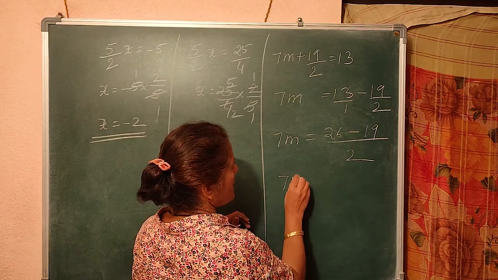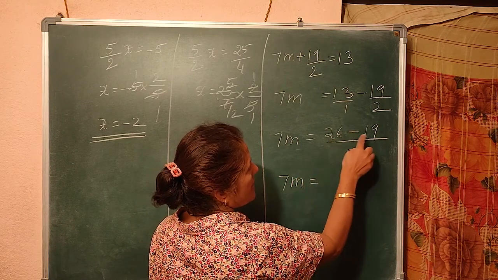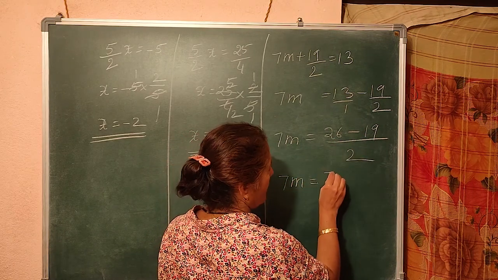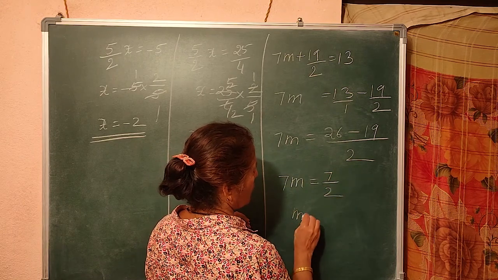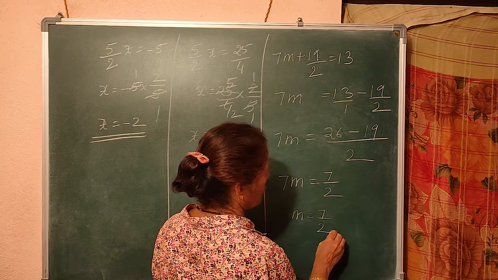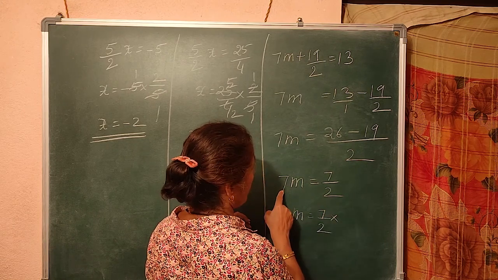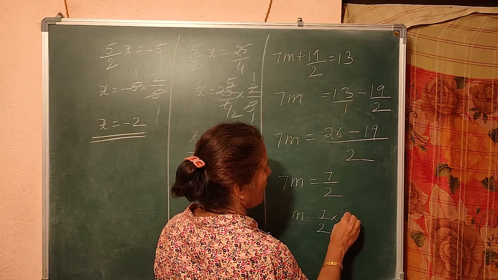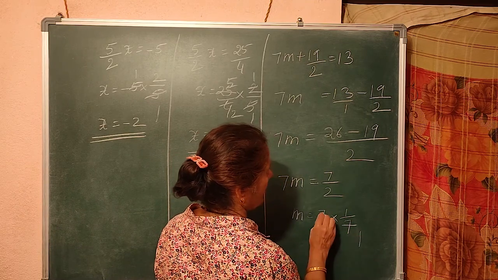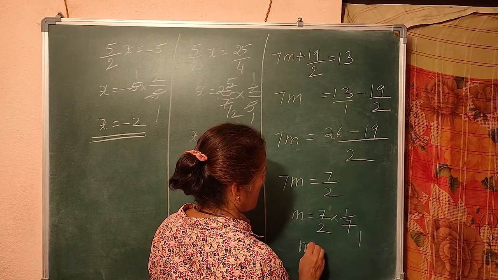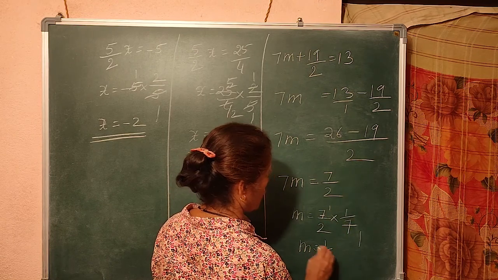So 7m is equal to 26 minus 19, which is 7 by 2. Now you see m is equal to 7 by 2, into 7 is multiplied, so it comes to the denominator. 7 ones are 7 ones are. So m is equal to 1 by 2.